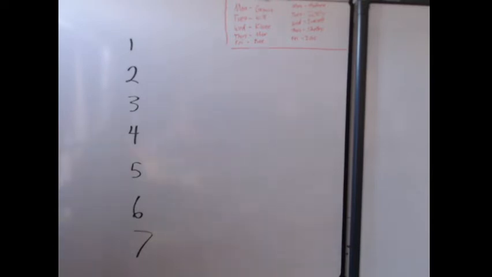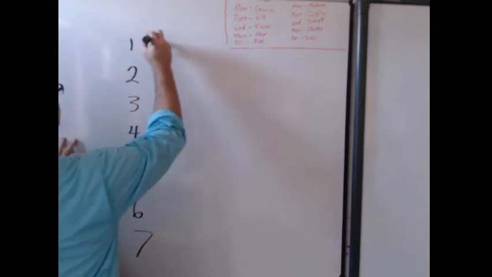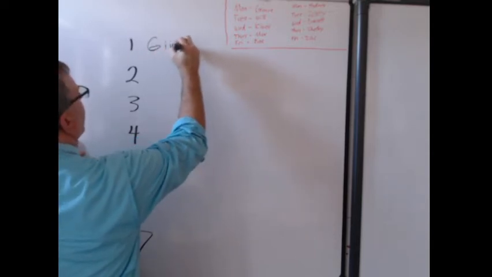Again, midpoint is mentioned, so more than likely definition of midpoint is going to show up at least once or twice. All right, so number 1 is what? Given. Okay? We know that automatically.